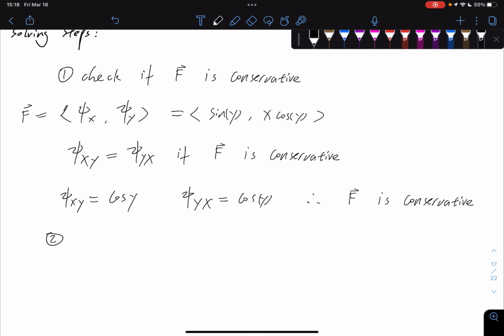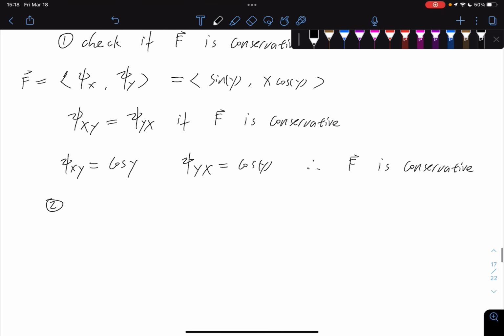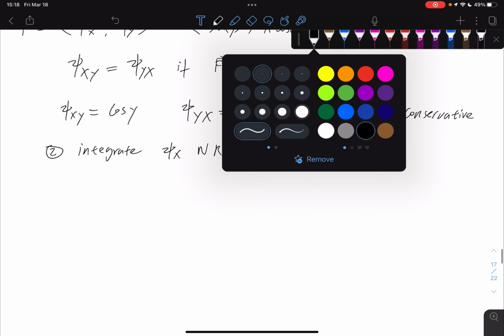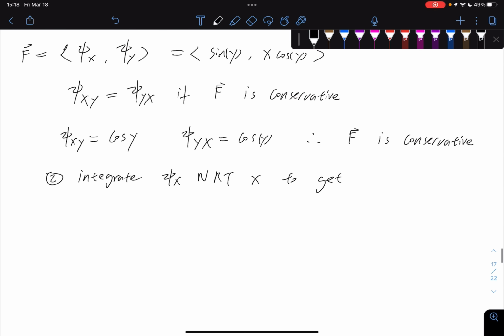The first thing to find the potential function is to integrate ψx with respect to x to get ψ of x and y, which is the integral of ψx plus c of y. So let me write that down.